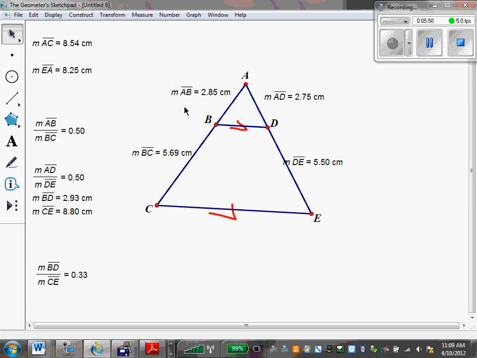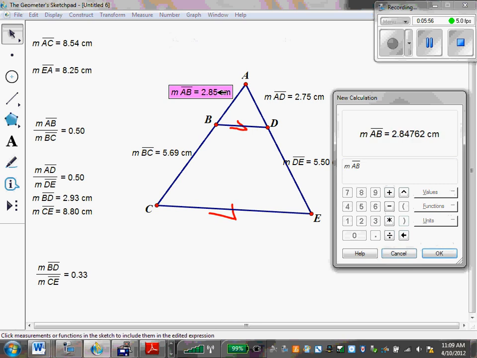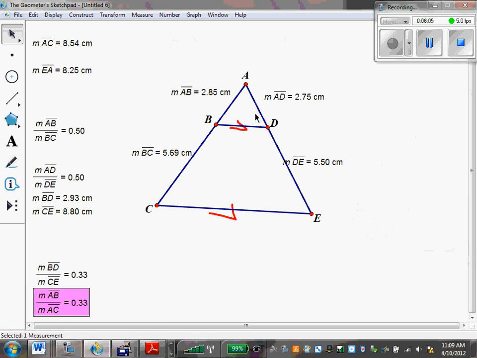So if I take AB and divide it by my whole segment, AC, that will be in the same ratio of 1/3, and the same on the other side.